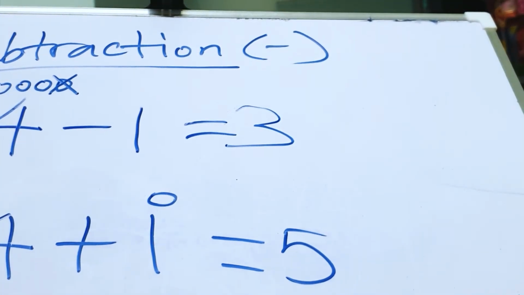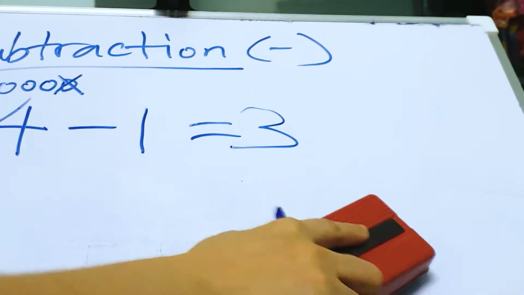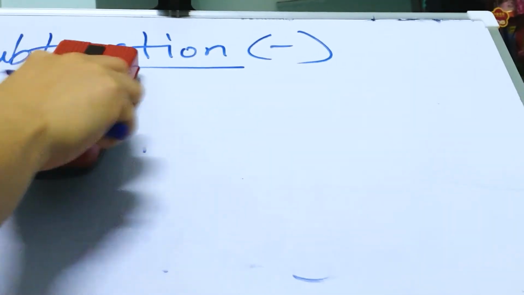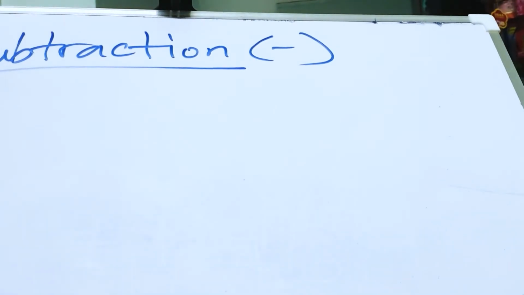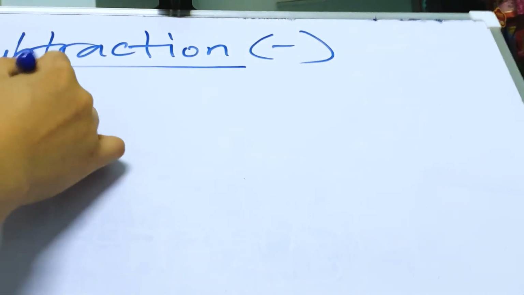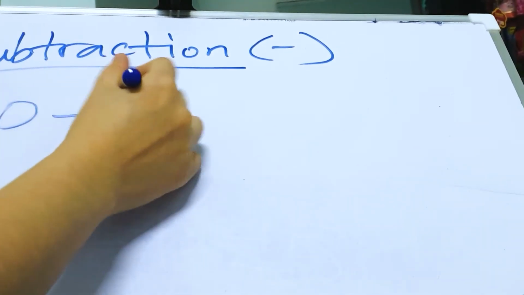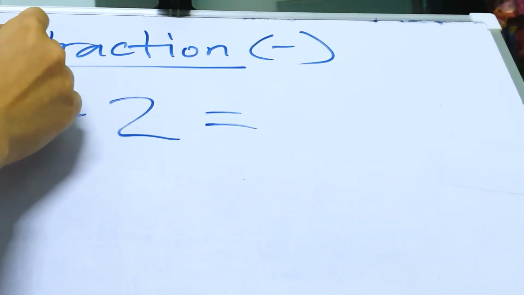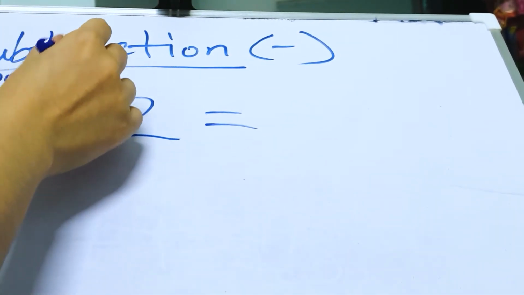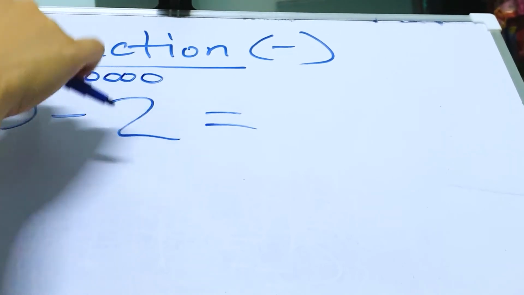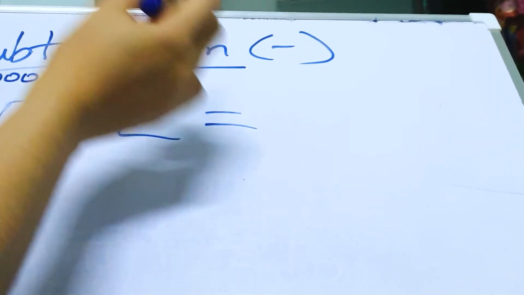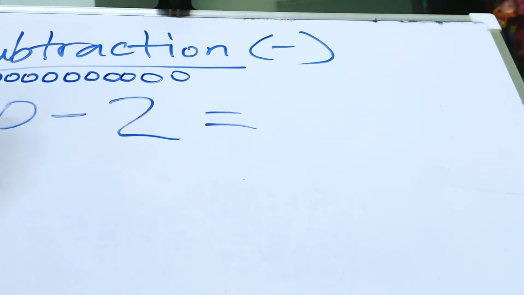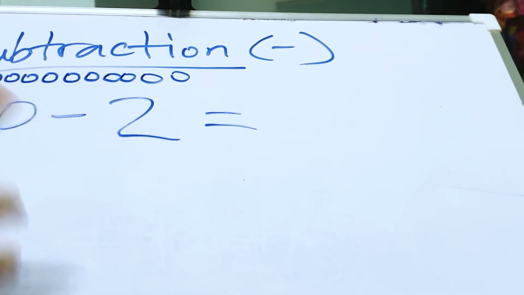So for example, if I have 10 minus 2, you also have to draw 10 balls. You need to draw 10 balls to visualize and let them understand.